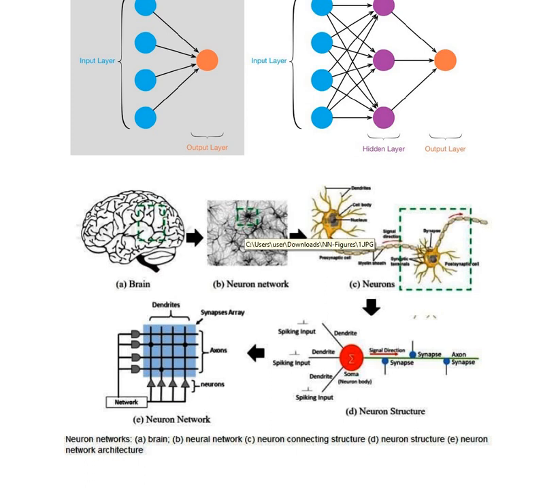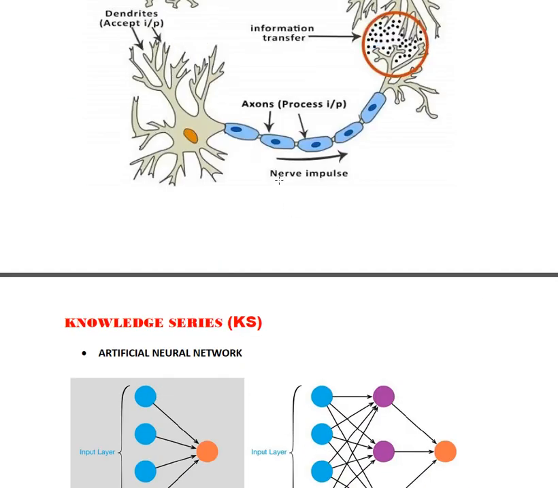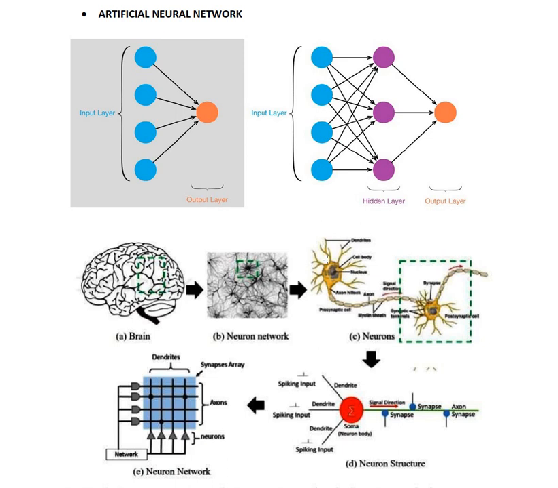These neurons are further represented, just like how I have represented here, in the form of dendrites, synapse, and axon. So the soma, the cell body, and that's how this representation of a neuron is shown. This is a neuron structure.